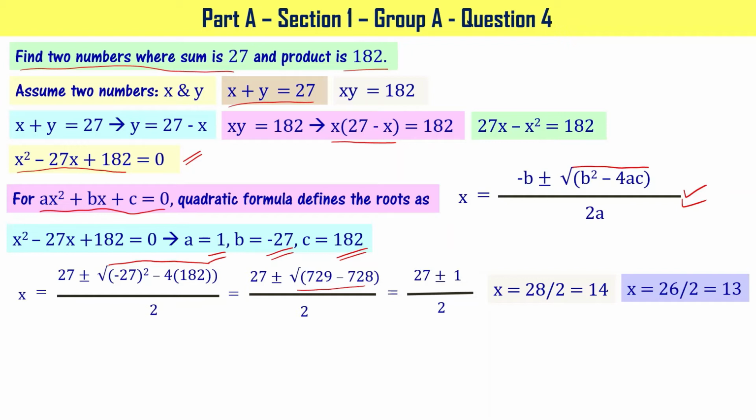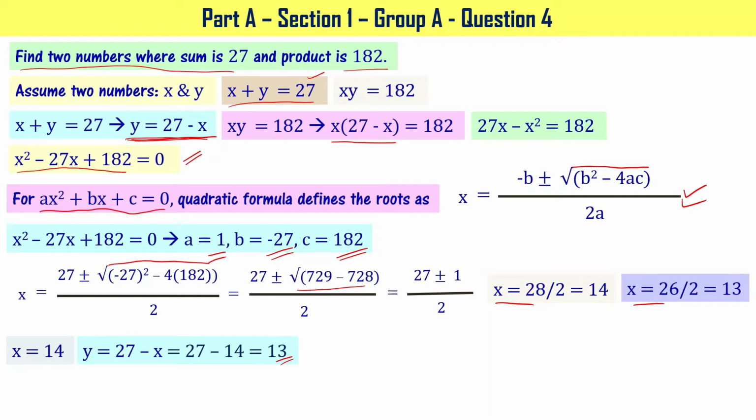One can take any of these two values, x equal to 14 or 13, and go back to the actual equations we have written. I'm taking x equal to 14 and substituting that into this particular equation, y equal to 27 minus x, right? When you substitute, you will get y equal to 27 minus 14, that is equal to 13, right?